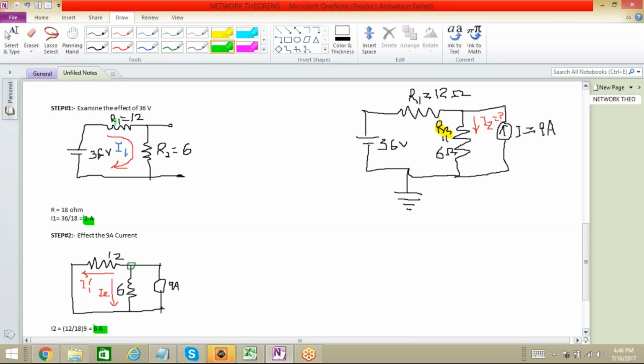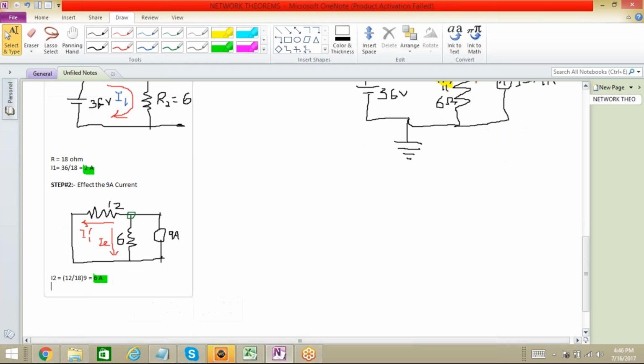So we can combine both of them, and the final result will be 6 ampere plus 2 ampere, that is 8 ampere. We have to provide the algebraic sum. So I is equal to 2 ampere plus 6 ampere, and this result is 8 ampere. This is your final answer, that is the current which is flowing through resistance R2. Final current.